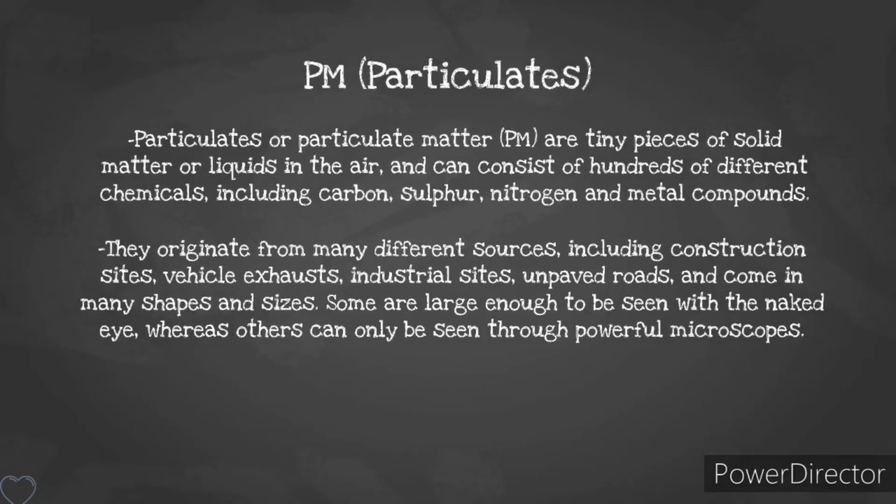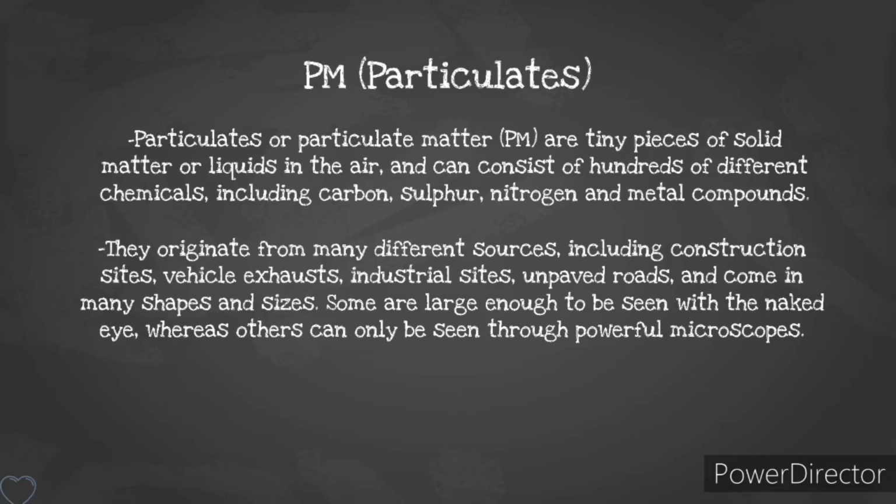Fourth one is particulates. Particulates or particulate matter are tiny pieces of solid matter or liquids in the air and can consist of hundreds of different chemicals including carbon, sulfur, nitrogen, and metal compounds.